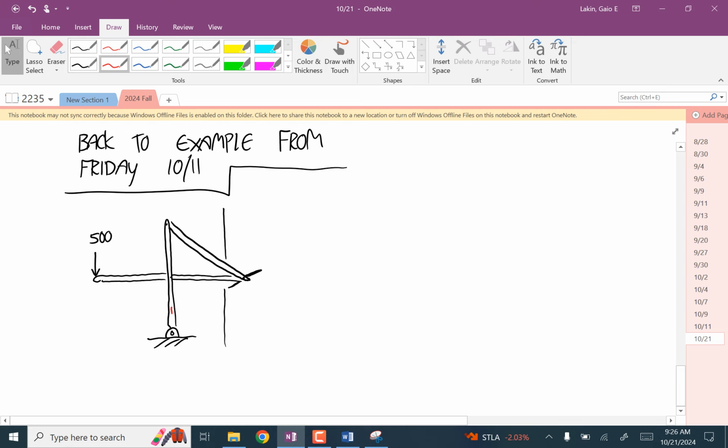We numbered these 1, 2, 3. And then for joints, I called this A, B, C, and D. And this slot made an angle of 20 degrees with the horizontal. The masses of 1 and 2 were 20 kilograms each, and the mass of body 3 is 15 kilograms.